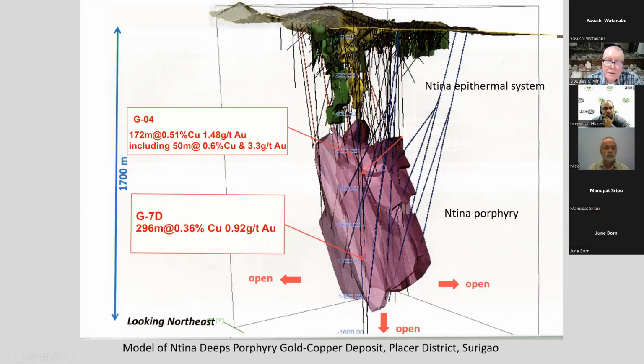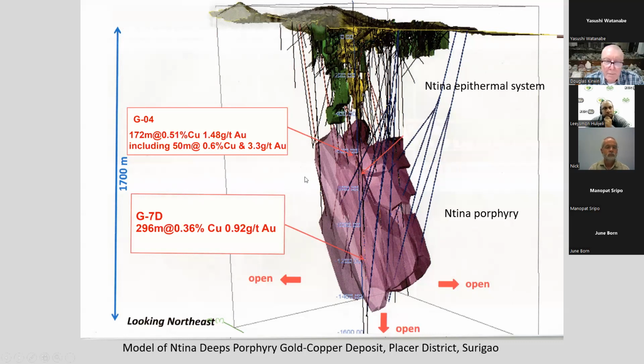One of the interesting things to look for if you're involved in porphyry copper exploration is to look at the gold to copper ratio, because if you see gold to copper ratios greater than 1, meaning say 1 gram gold and say 0.5 copper, then that's a very good sign for significant gold-rich copper porphyries.